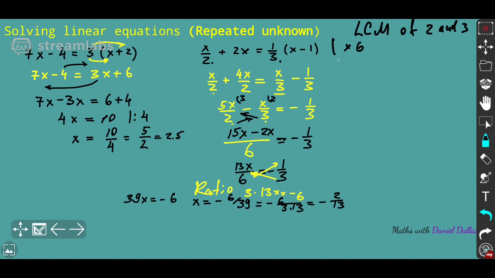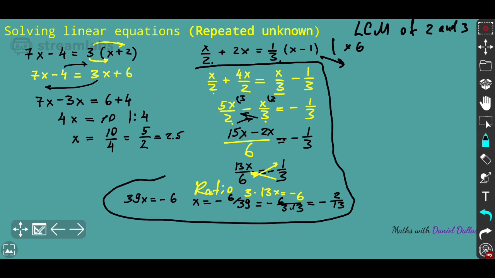So let's see what you will have. This is an alternative way. The first way I showed takes much longer, so I recommend using this other approach. I multiply both sides by 6 and I will have 3x, each term multiplied by 6, plus 12x.